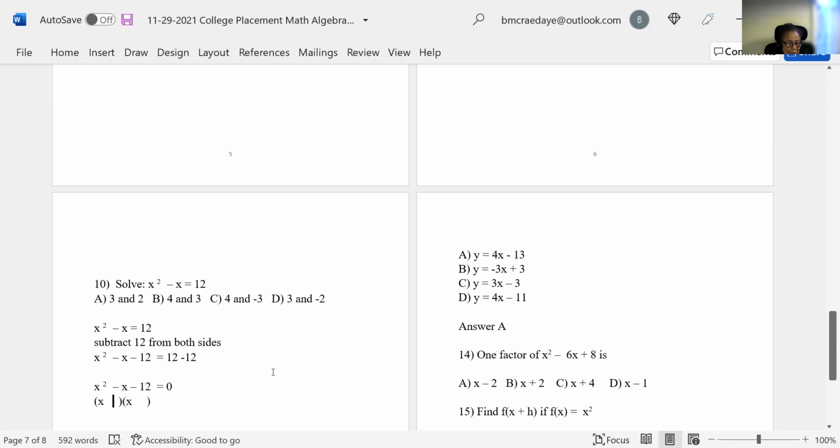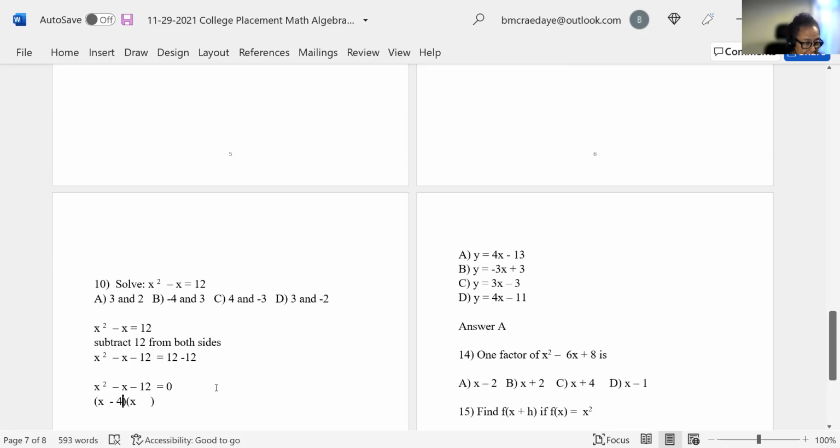All right, so what must the numbers be? You want a number that could go into minus 12, right? Actually, it should be a 4 and a 3. I'm sorry, it should be a minus 4, because you want the bigger number negative, so this comes out a negative 1. So this then must be x minus 4.